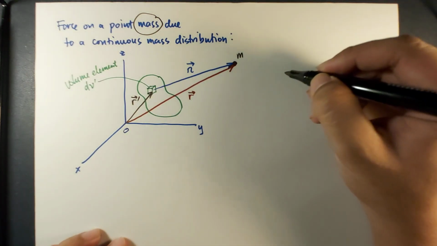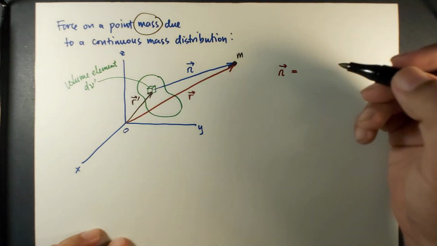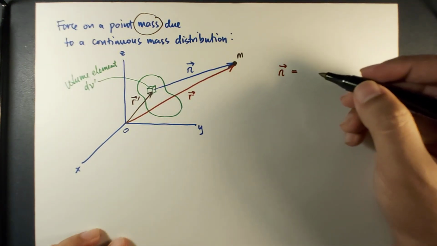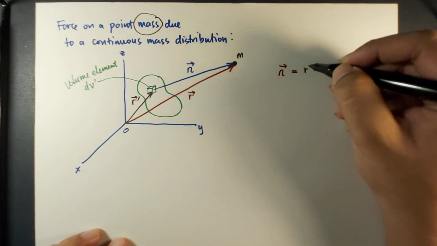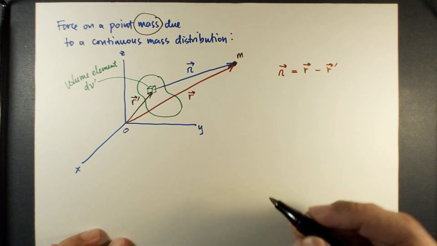Taking note that script r vector is equal to r minus r prime.